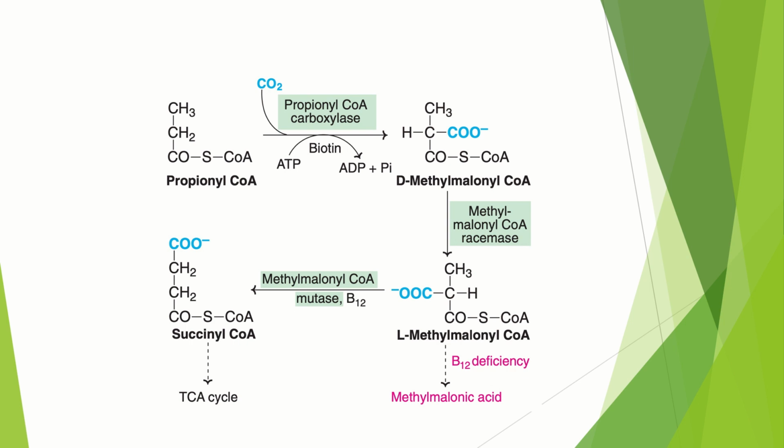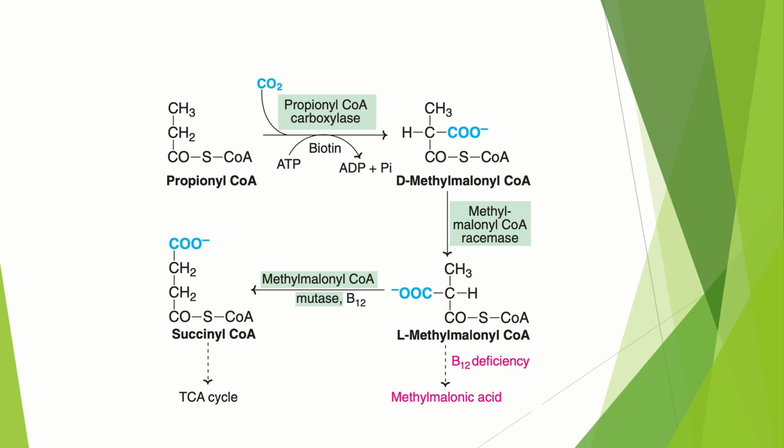This propionyl CoA is a 3 carbon compound. With the help of certain enzymes, it is going to be oxidized to succinyl CoA. We will see what those enzymes and reactions are.